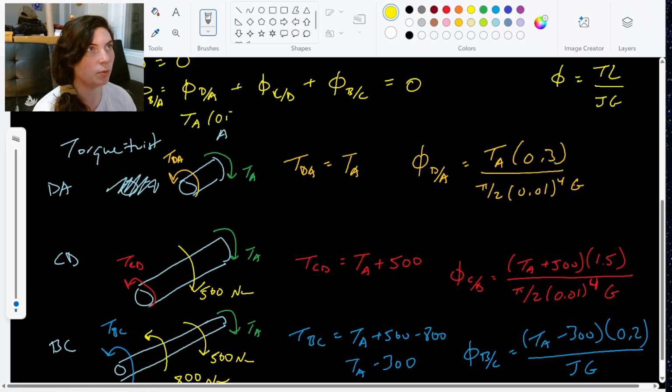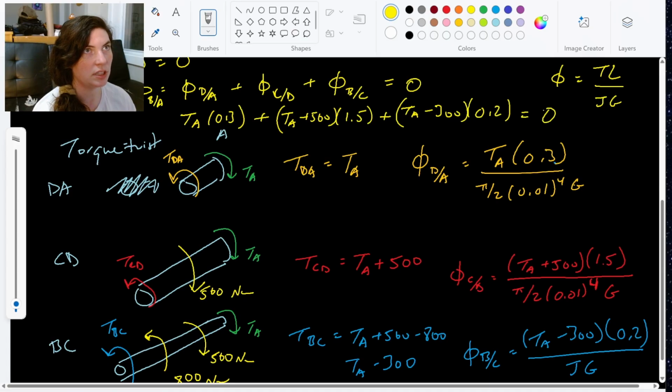TA times 0.3, and that's over JG, plus TA plus 500 times 1.5, that's over JG, plus TA minus 300 times 0.2 equals 0. And again, because the JG term, the polar moment of inertia and shear modulus of elasticity, were in all three of these, and they're all the exact same material and radius, they all just cancel out. So we didn't need any of these.